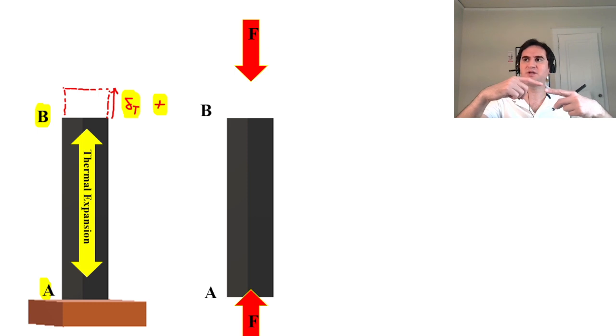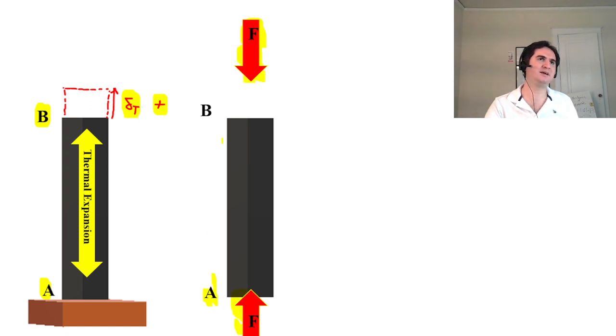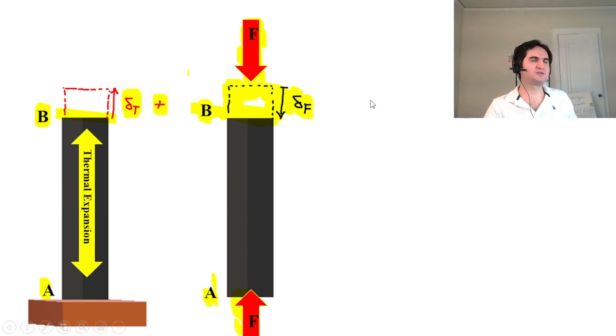But in reality, point B goes nowhere with respect to A. So in that case, there is a downward push at both ends A and B, which pushes B back to its original location. So delta T plus delta F goes to 0.